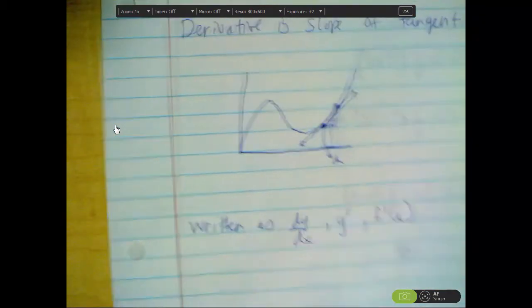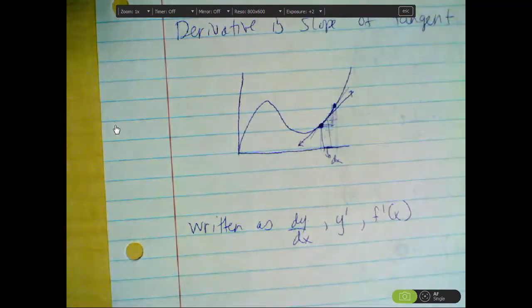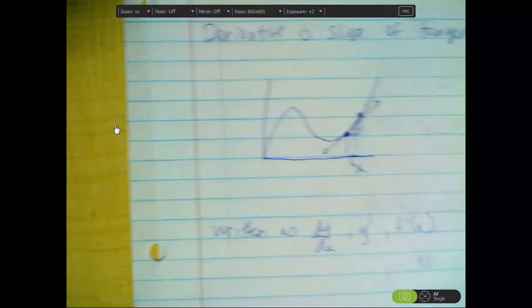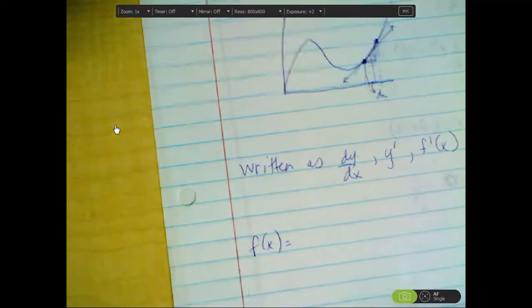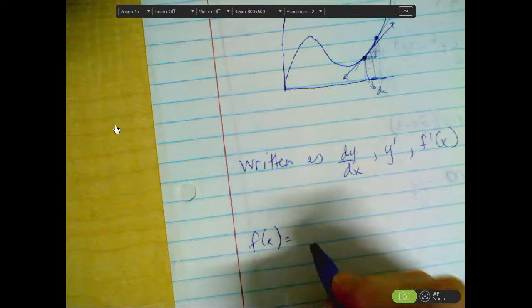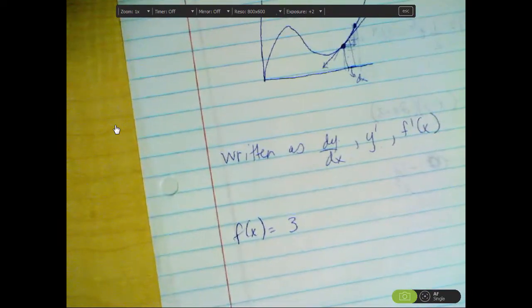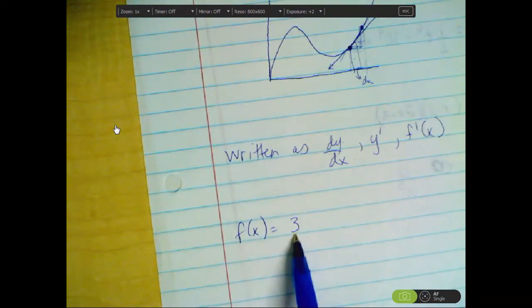The first one I want to talk about is the constant rule. So for instance, if I said use the difference quotient to evaluate f of x equals 3, well, you would be confused because there's nowhere to plug in.